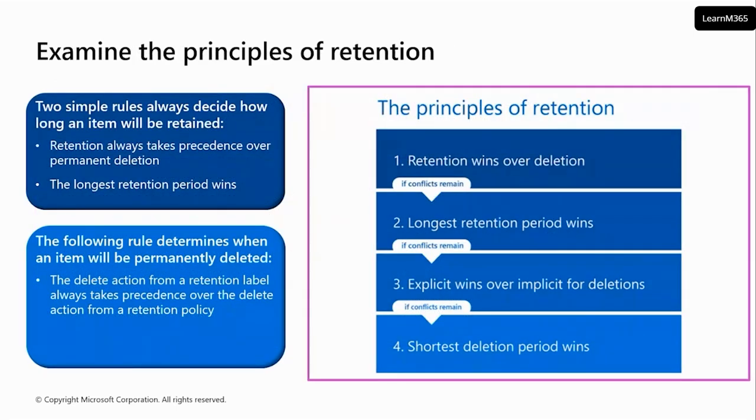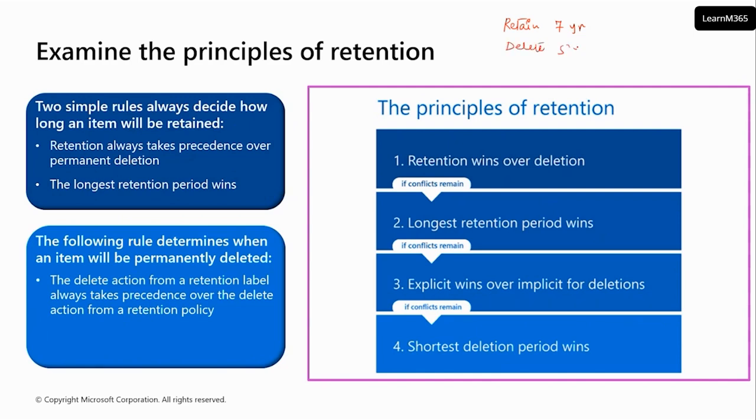How it exactly works. First of all, retention wins over deletion. For example, you have two policies. Let's say I want to retain something for 7 years, and when the item reaches its age, like 7 years, it is retained.